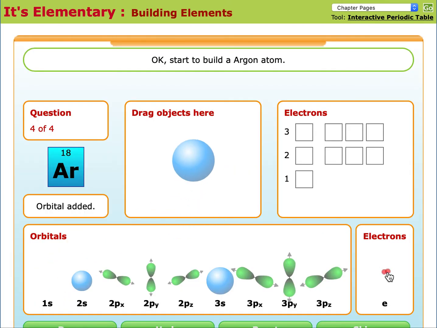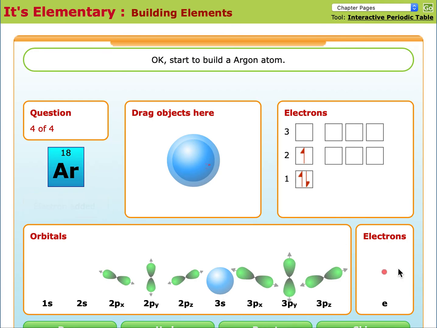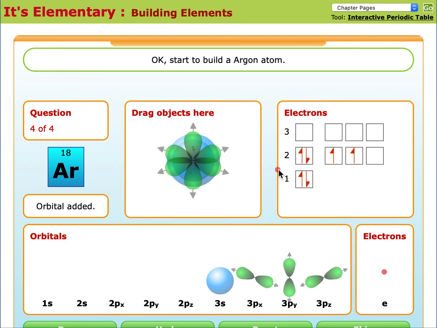And then this very last one, I think, is just the full thing, using all of our orbitals, because it's argon, number 18. So 2p6. Still got to do these in order. And now I can double them up. Ooh, wrong one. 3s right here.